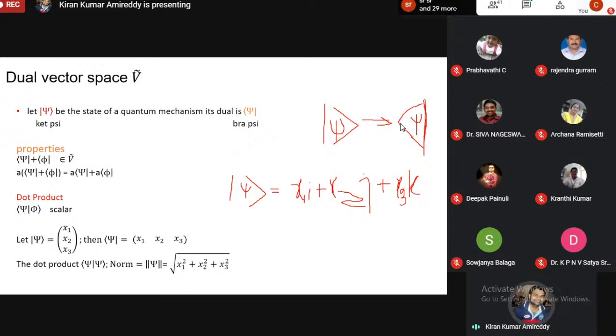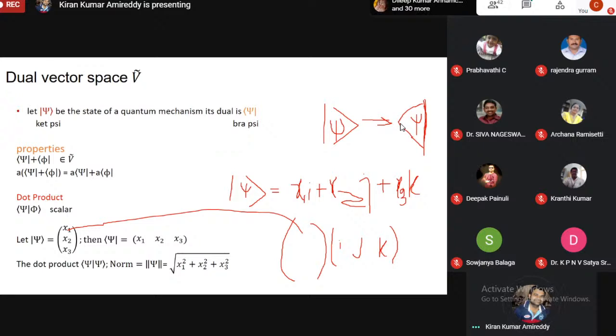So these are actually i, j, k, all the basis. Just we decided how we can see the basis vector. So this state can be further written in this way. So this is the basis set.